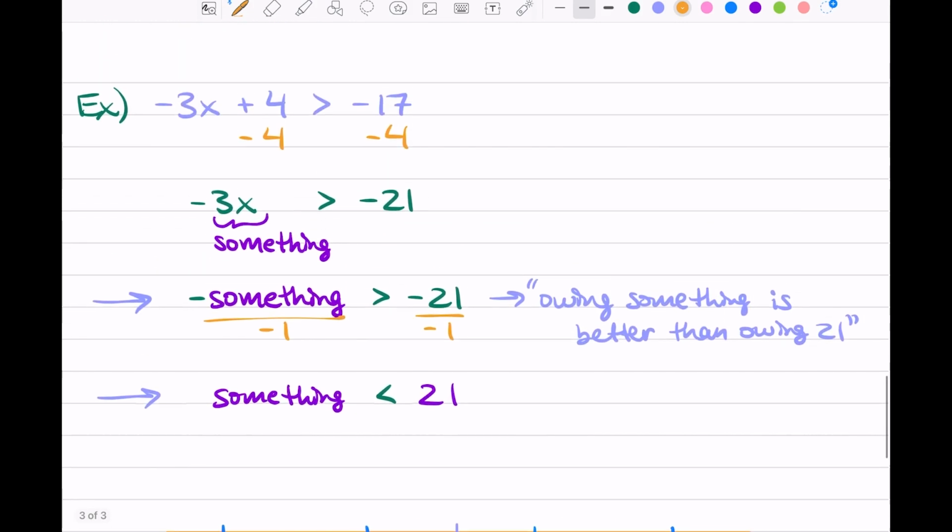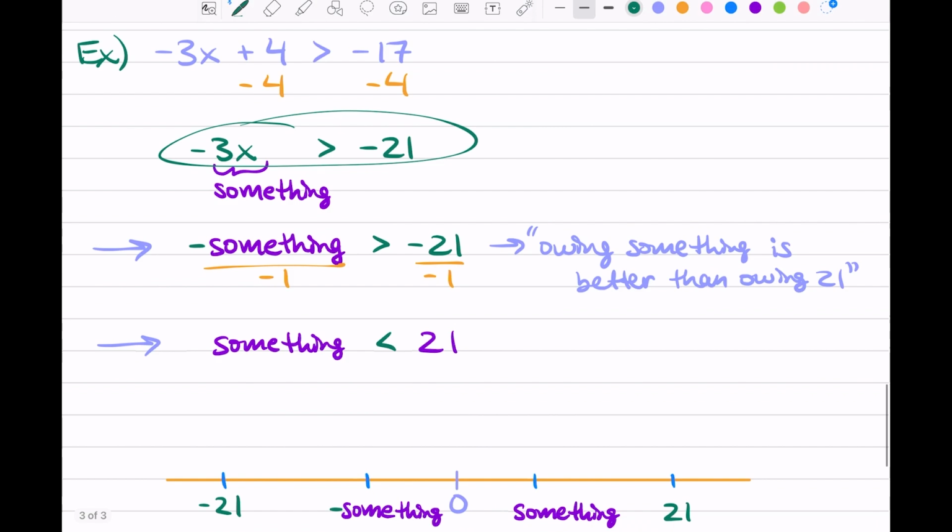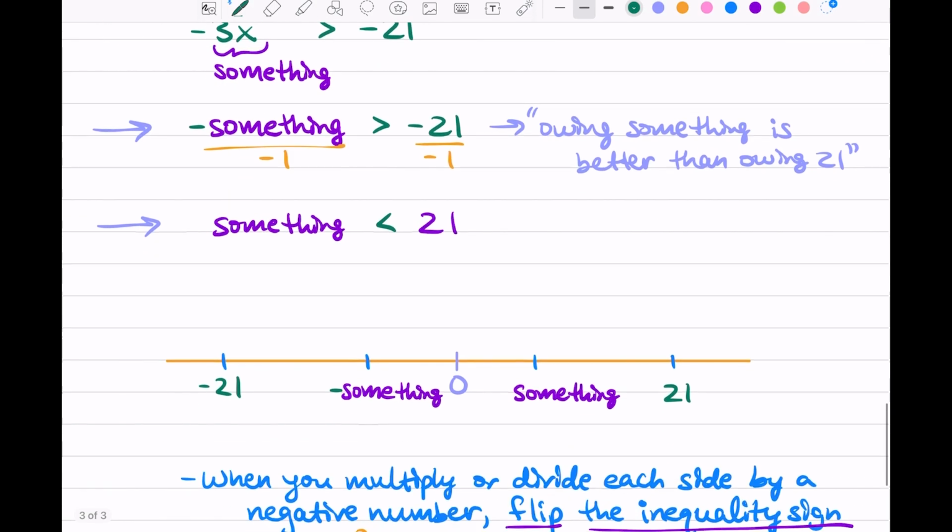It's something we need to always watch out for. So let's go back to our original equation. The reason I brought up this idea of something is just to explain this concept that we start off comparing two negative numbers, and once you multiply or divide each side by a negative value, you end up flipping it to considering two positive values. And so the comparison, or our inequality, changes.